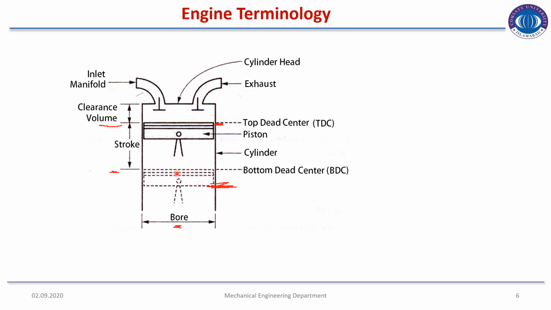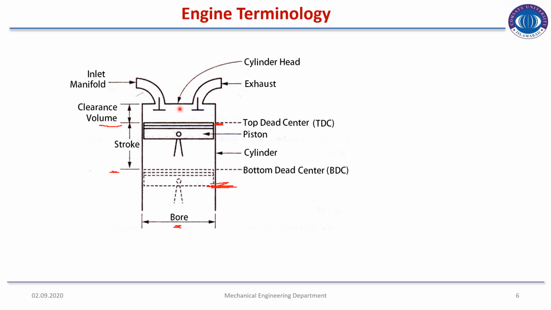Then the piston will move upward to the top dead center, and this will compress and increase the pressure and reduce the volume. So this motion will compress the working fluid. So the working fluid will only remain in this clearance area.